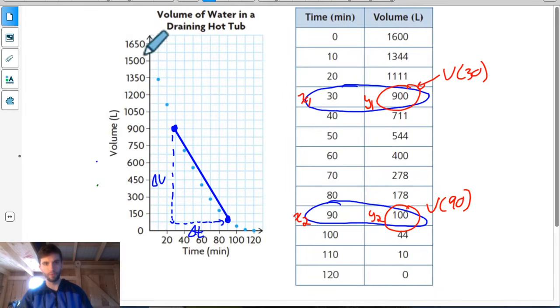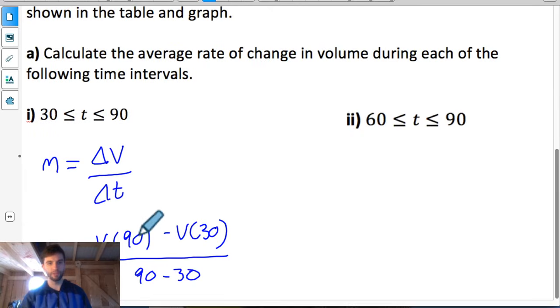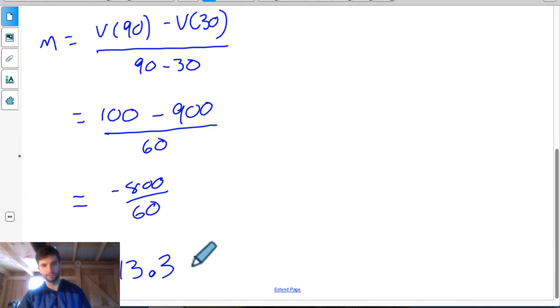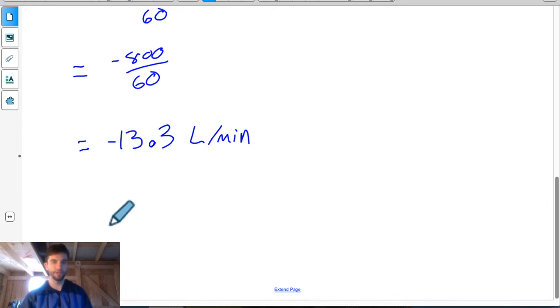So our y value is volume in liters, and our x value is time in minutes. So we did change in volume over change in time, so we did liters divided by minutes. So our rate of change is in liters per minute. So that tells us that the hot tub is losing about 13.3 liters every minute. And that makes sense because he's draining the water out of the hot tub.